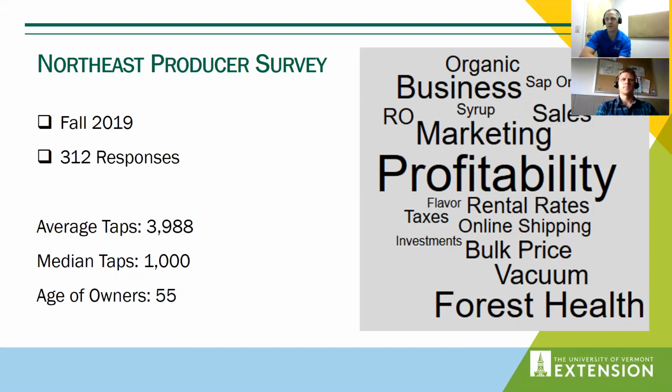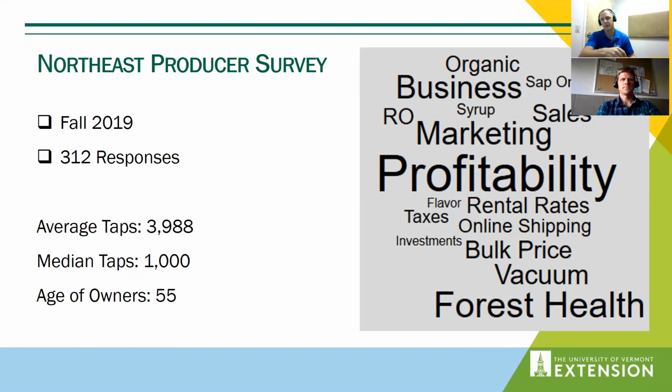I mentioned all the different states that were participating. Looking at the average tap numbers, we did have an average of 3,988 taps. If we wanted to get a little bit more balanced, looking at the spread of the sample, the median tap number was 1,000. You can imagine there's a large breadth of producer scales reflected in the survey.